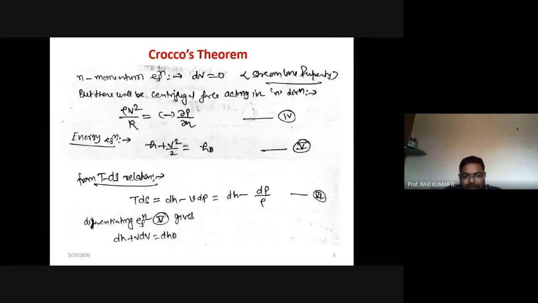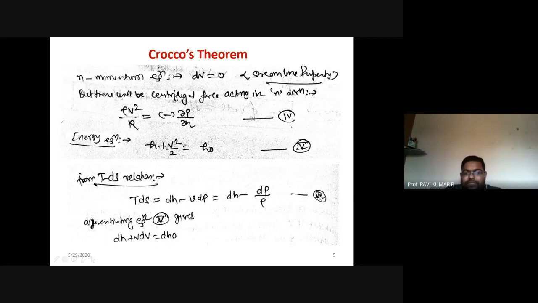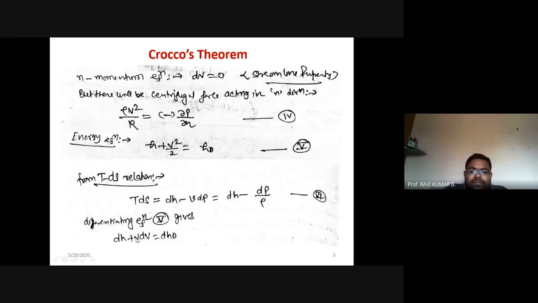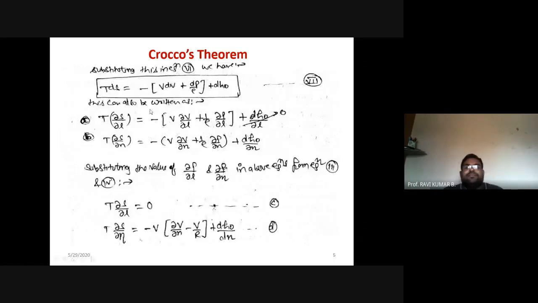Now I will use this relation, dh plus v dv is equal to dh naught, in equation number 6. Substituting, dh is equal to dh naught minus v dv, and I get this relation: TdS is equal to minus v dv plus dp by rho plus dh naught. So this is one equation, the TdS equation.